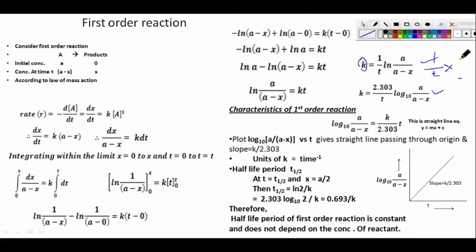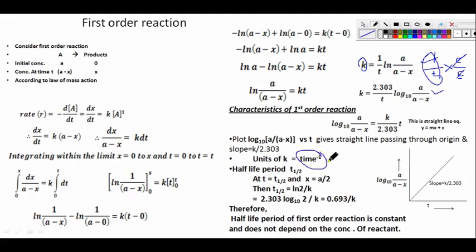Here a has concentration units. A minus x is also a concentration term. For example, a is 2 molar and x is 1 molar, so 2 minus 1 is 1 molar. So a minus x has concentration unit, so the concentration units get cancelled. We get the unit of 1 upon time, that is time inverse.